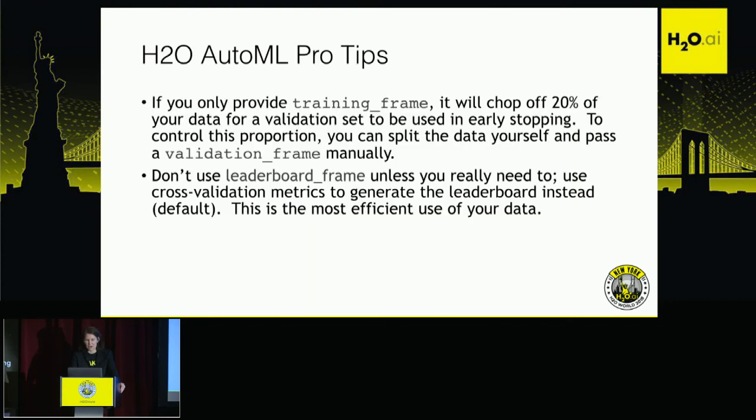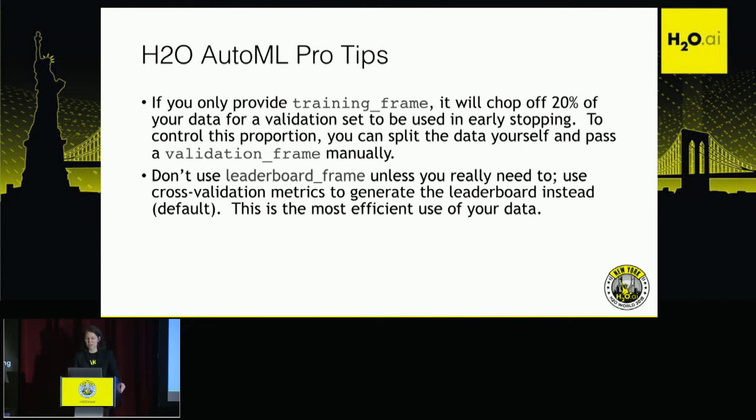So just some tips. Basically, one, we ask you just to provide the training set, and so you don't have to do anything. You don't have to think about validation frames or test frames or any of that stuff. We will chop off a piece of your training data to use for validation. But if you want to control what that percentage of the data is, then you can specify a validation frame yourself and just do the splitting beforehand.